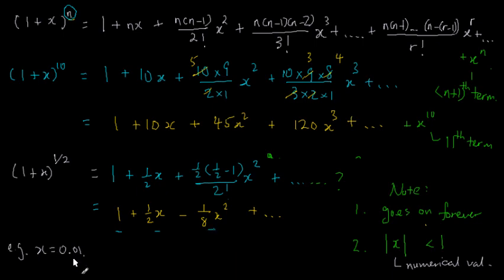If I put x equal to 0.01 into here, and add this up using a calculator, the answer I got is 1.0049875. This is what I got by adding up those three terms.